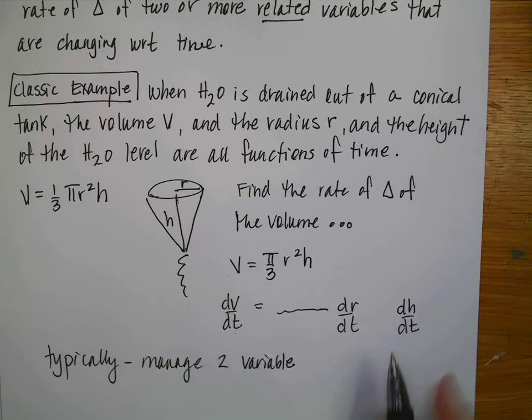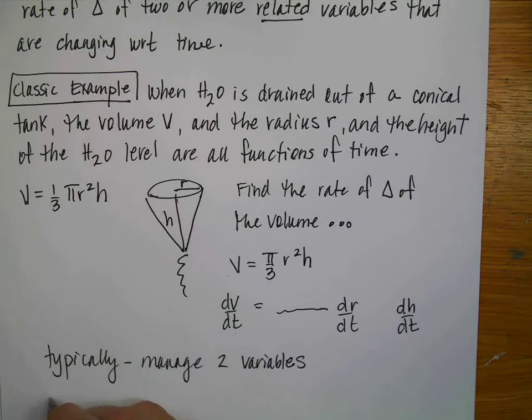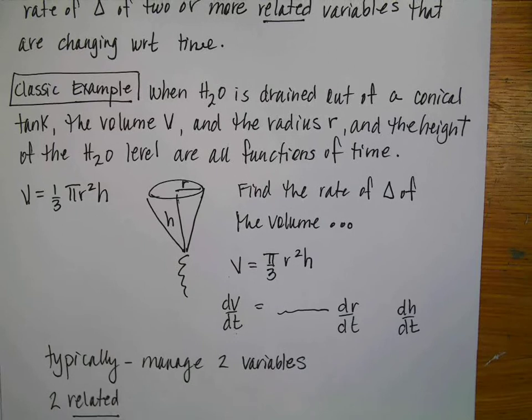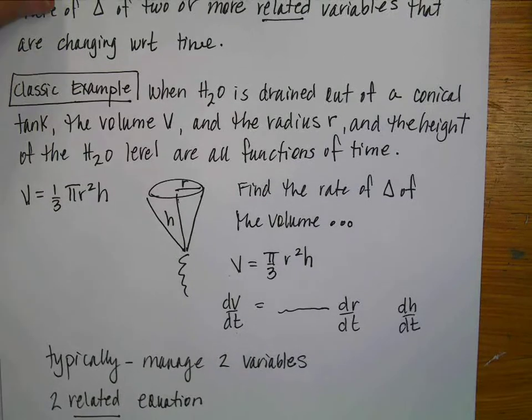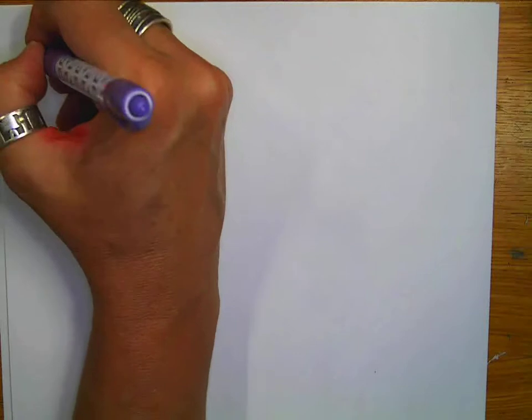Maybe they give me the third rate, but that also means that I have to have two related, hence related rates, equations. Okay? All right, so let's just jump right in and talk about a problem. Okay? So we're going to do our first example. Do it in purple today.